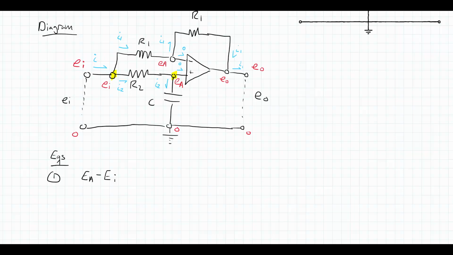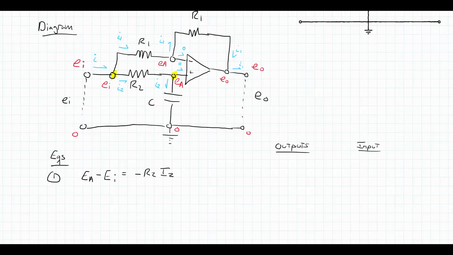Right, end point minus start point, and I have a voltage drop then of negative R2 times I2, because I'm going across just one resistor. So let's keep a tally here of outputs and our input.